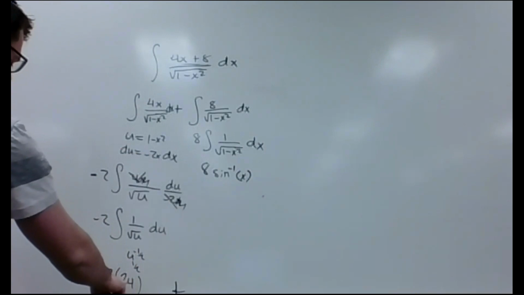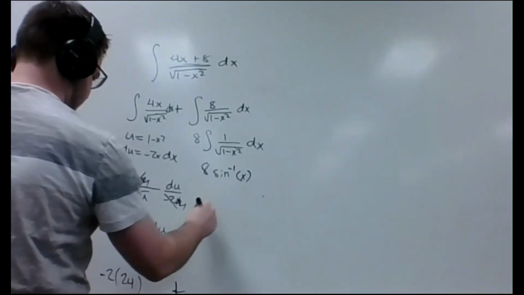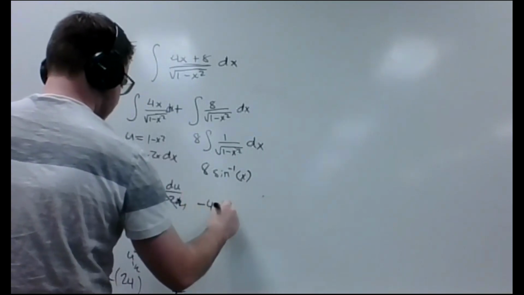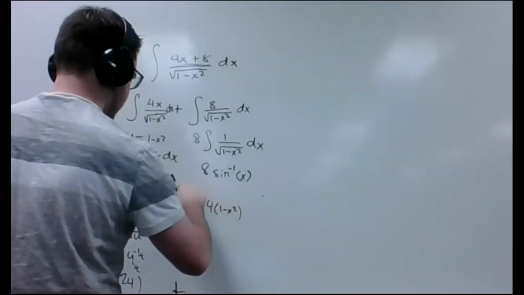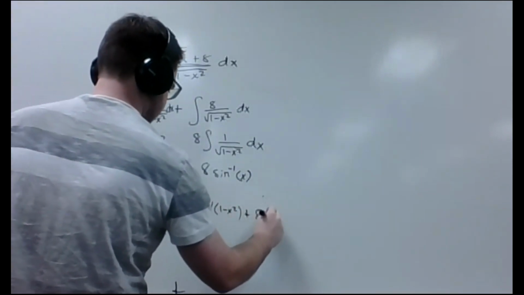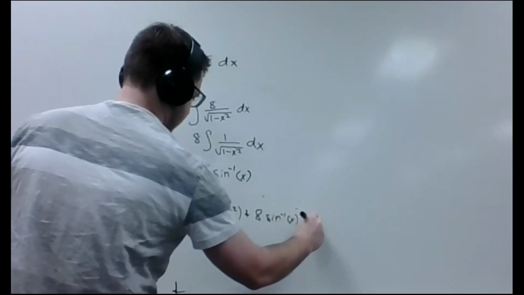So then we just make sure we resub our u back in. And so we have negative 4 times the square root of 1 minus x squared plus our 8 inverse sine of x, and our plus c at the end.